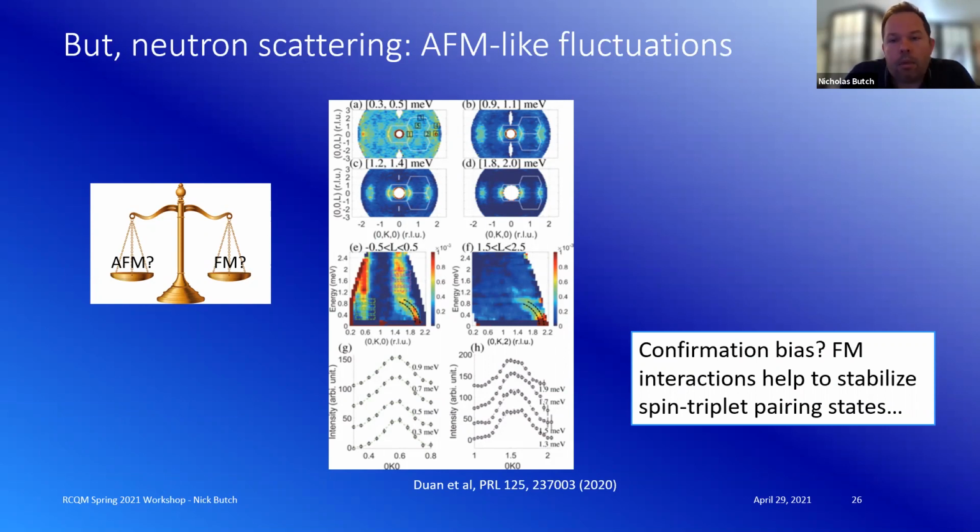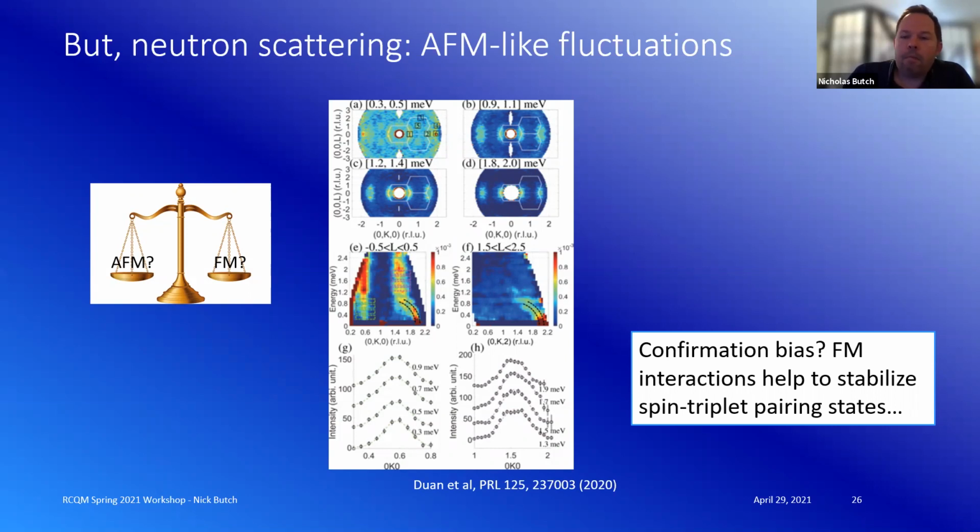So you want to talk about it looking like there are antiferromagnetic-like spin excitations. So the question is which is more important, or perhaps they're equally important, to both the superconductivity and perhaps even the normal state.